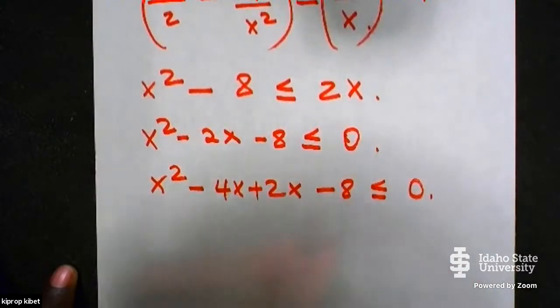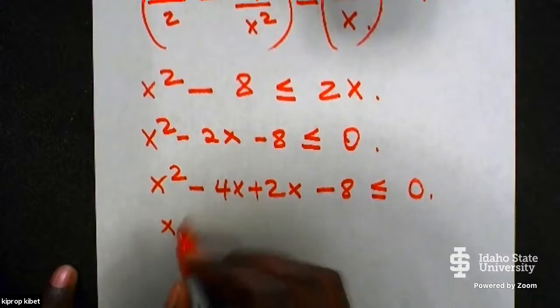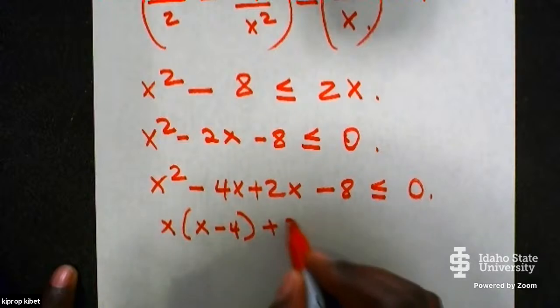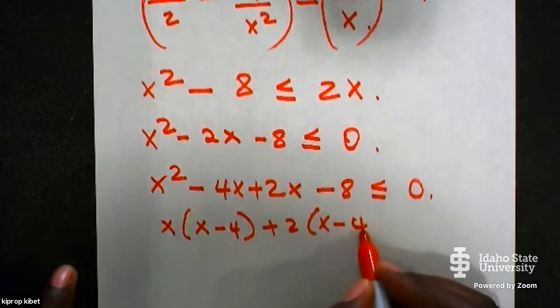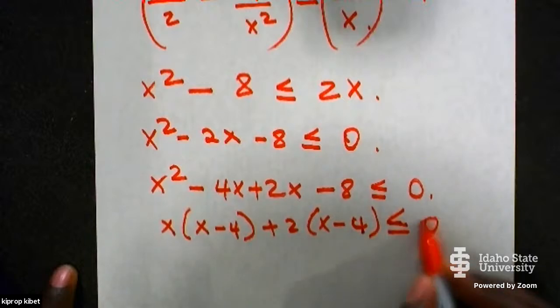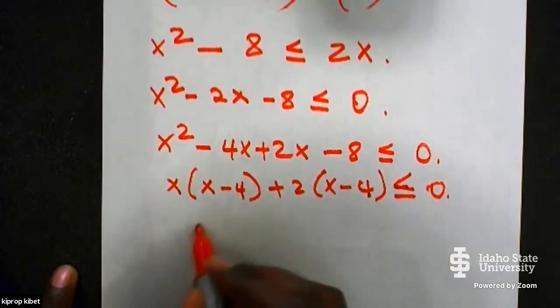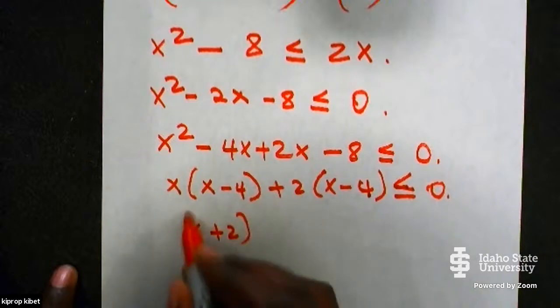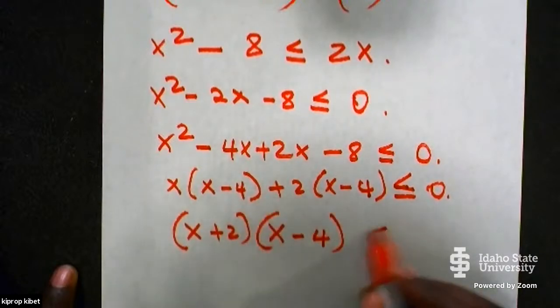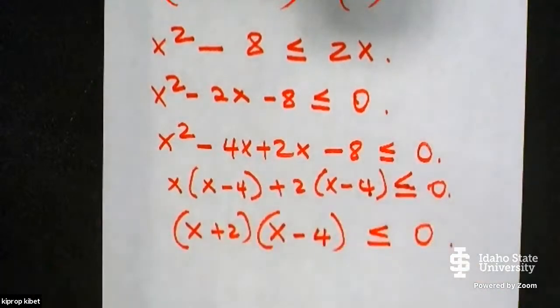When you factorize, you get x minus 4 plus 2, x minus 4, so we have (x plus 2)(x minus 4) is less than or equal to 0.